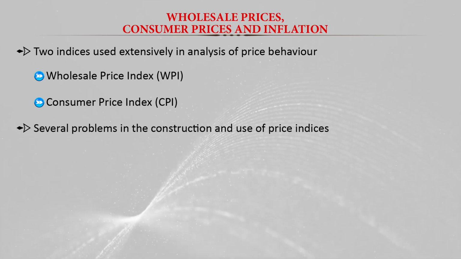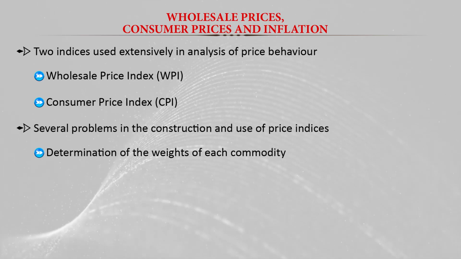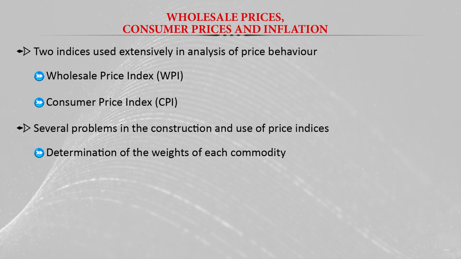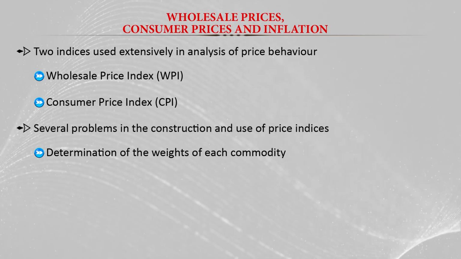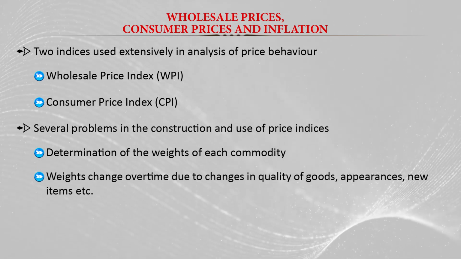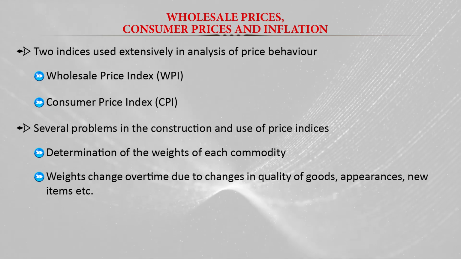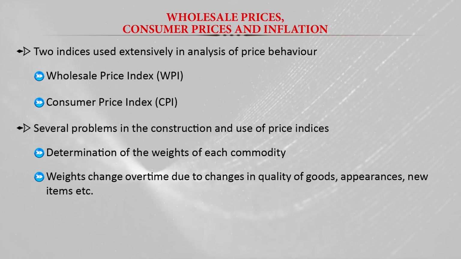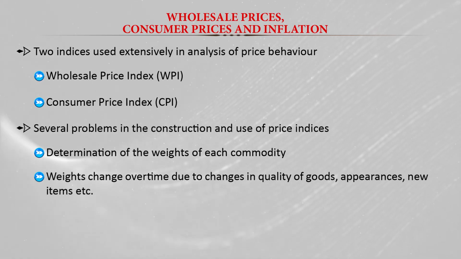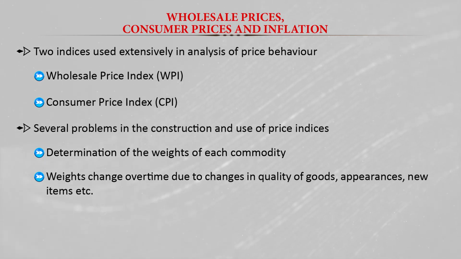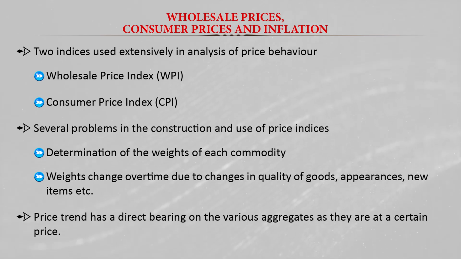Like the determination of the weight of a commodity is the most important aspect while calculating the price index, and the weight changes over a period of time due to changes in the quality of the goods, their appearance, or new items added in that particular commodity group. So price trend has a direct bearing on the various aggregates as they are measured at certain prices.